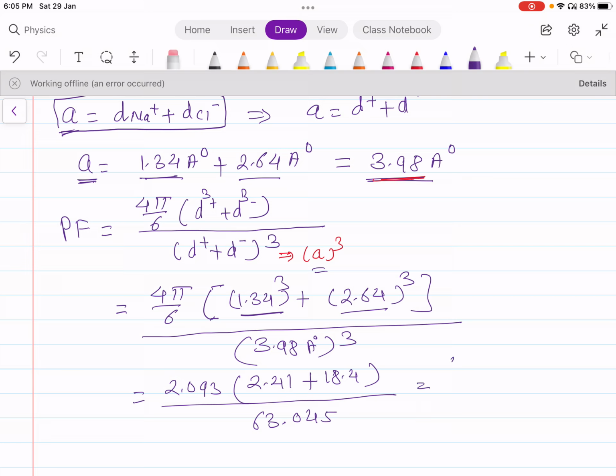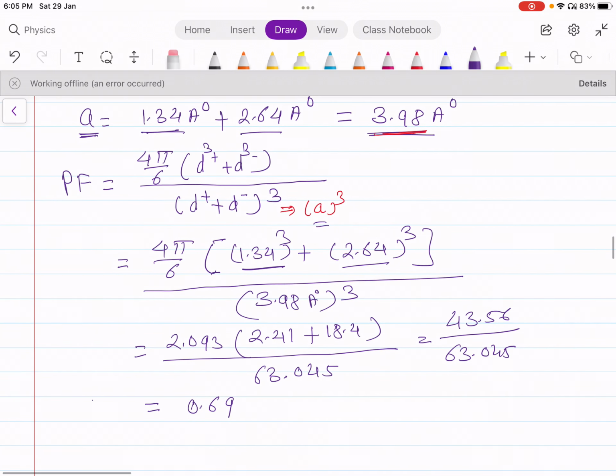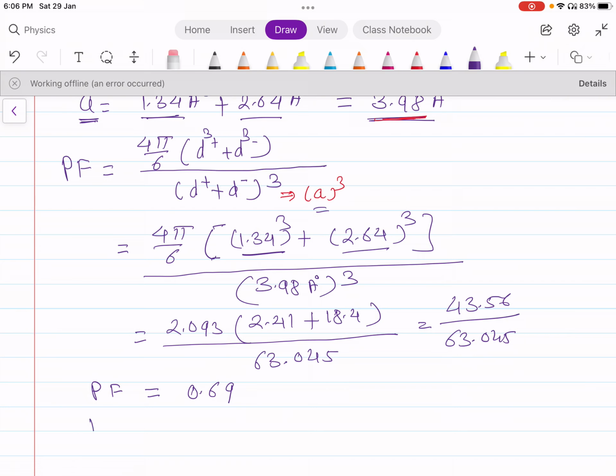So that is equal to 43.56 divided by 63.045, and that is equal to 0.69. So packing factor is equal to 0.69 and packing efficiency is equal to 69%.